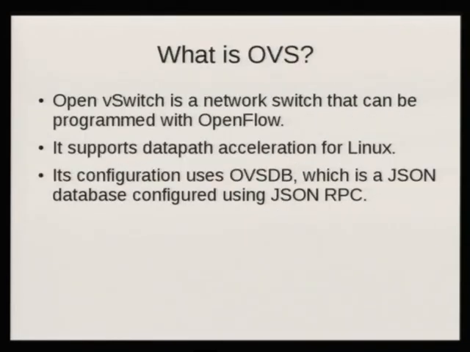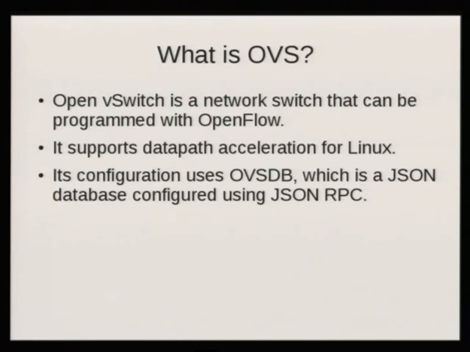So for those who don't know, and just so we get an introduction to what we're going to talk about: Open vSwitch can be programmed with OpenFlow. It's a network switch for virtual networks mostly. It can be used for real hardware switches, so I'm going to show you how that could be done.